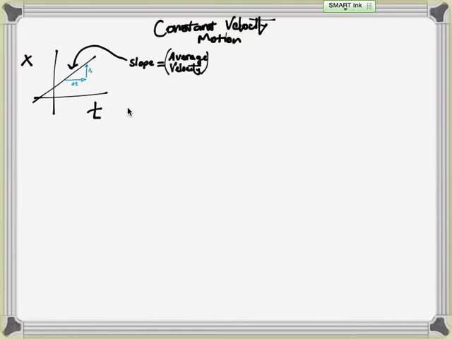That's a change in position. The triangle means change. So delta x refers to a change in position, and delta t refers to a change in time.